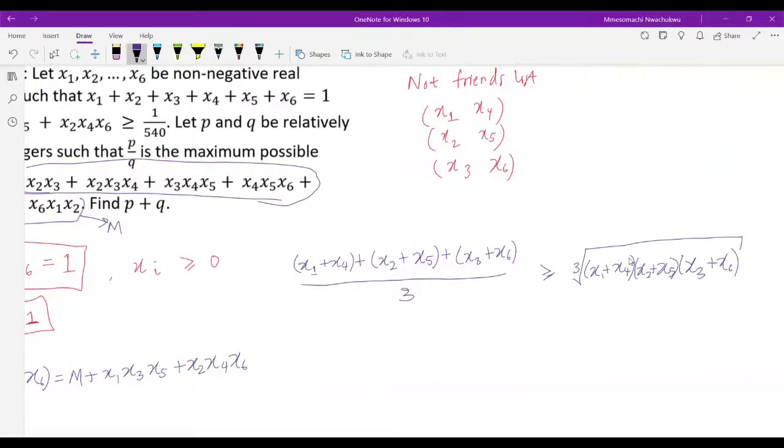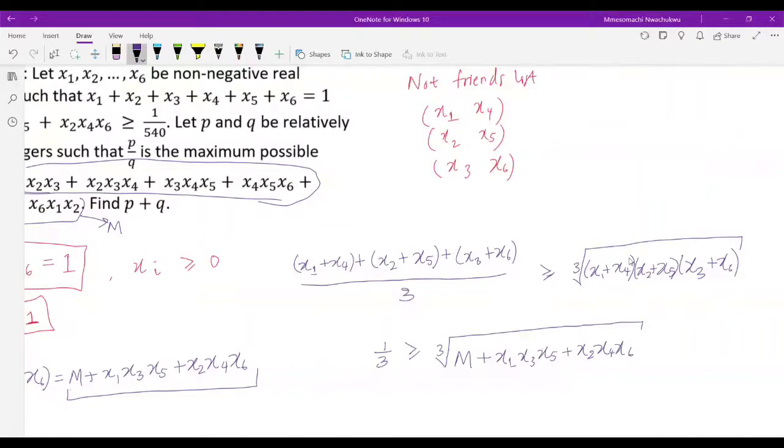But don't forget that we already know that this sum is 1. So the left hand side will be 1 over 3, greater than or equal to the cube root of, and don't forget, this product is M plus x1 x3 x5 plus x2 x4 x6.